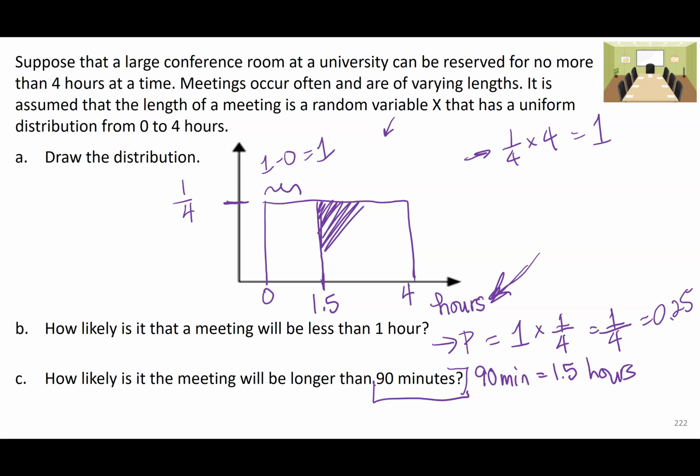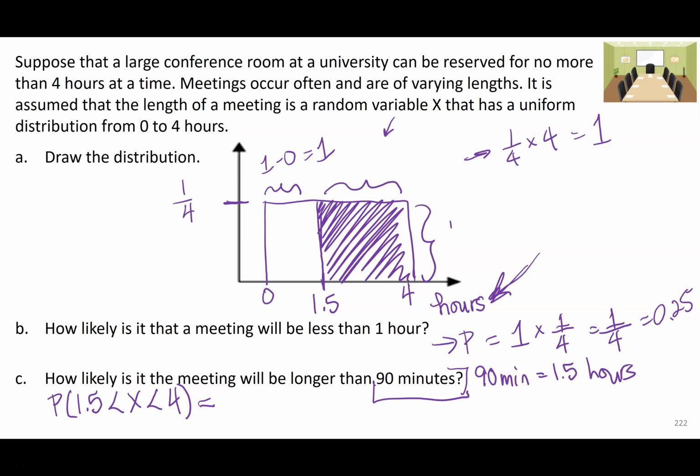So what they're asking really, so what's the probability that it's between 1.5 and 4 hours, right? I know the height already, it's 1/4. And I can find the length, right? So 4 minus 1.5 is 2.5.